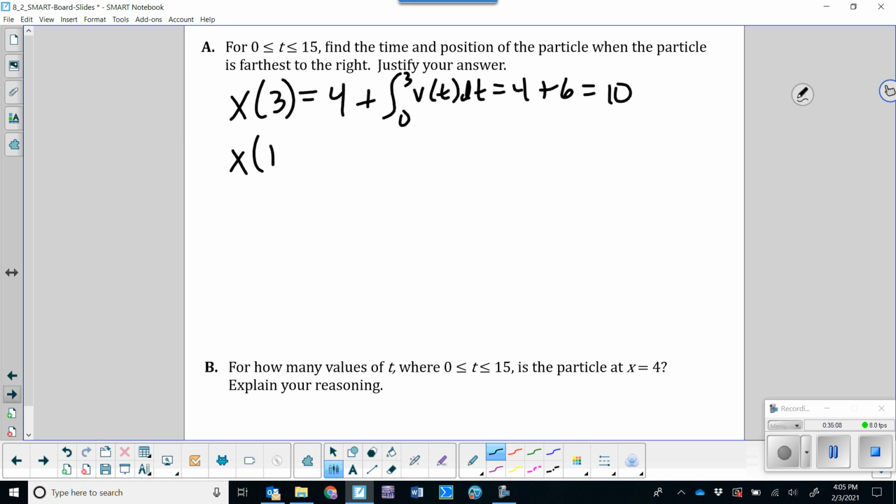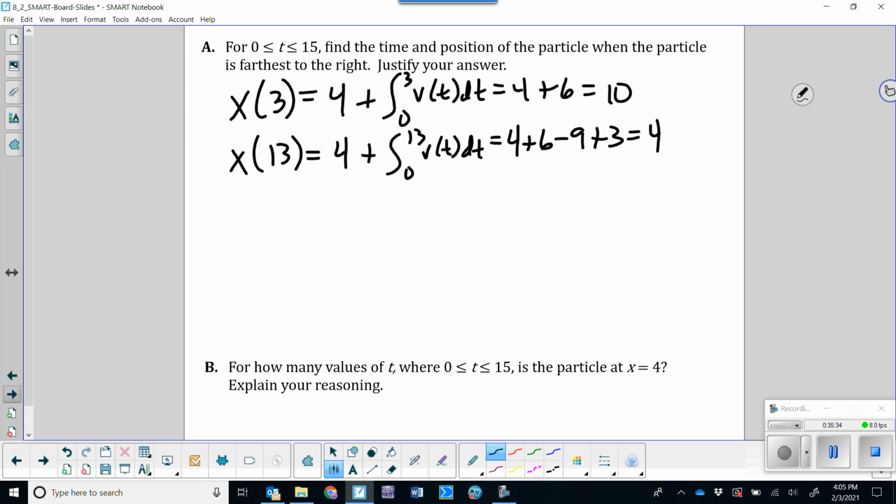Position at 13, because it moves left, but then it moves right again. So it's the only other option where it could be farther to the right. That's the initial position, integrate 0 to 13 of v(t) dt, and that's basically what we just drew. So it's at 4, it moves 6 right, 9 left, 3 right, and its position is now at 4.